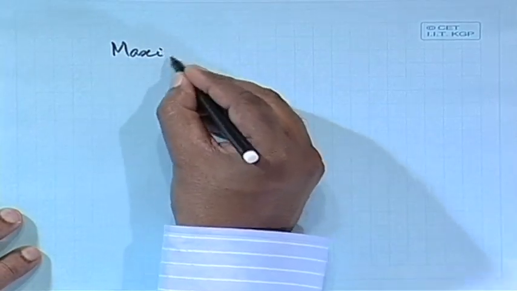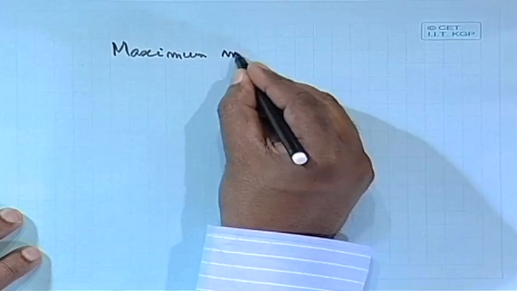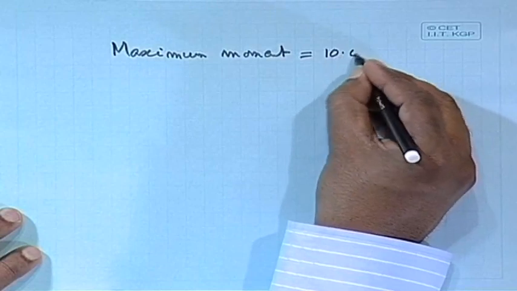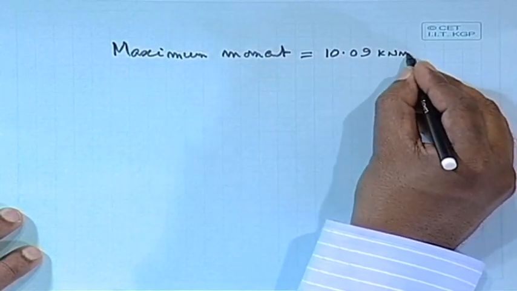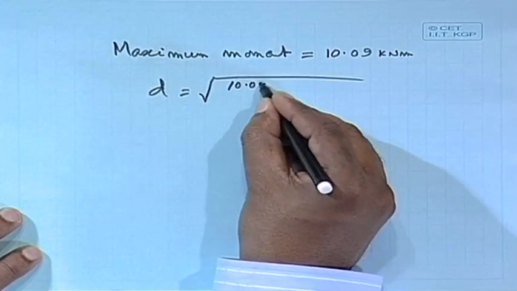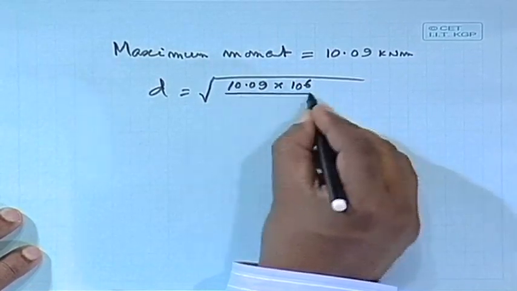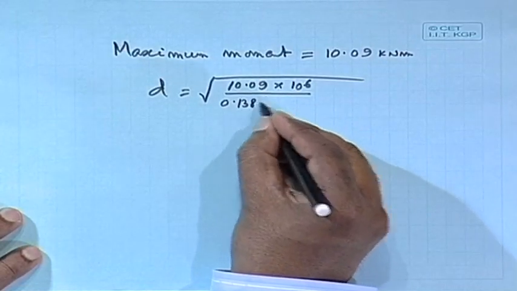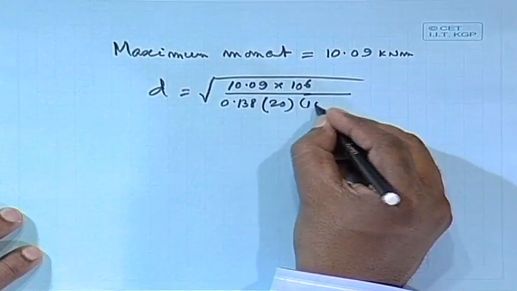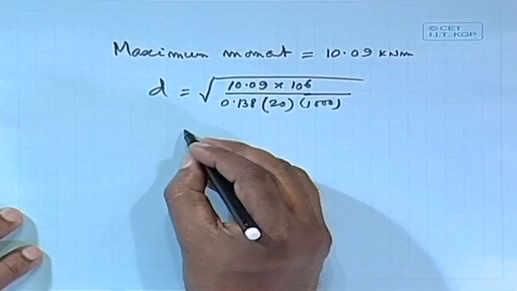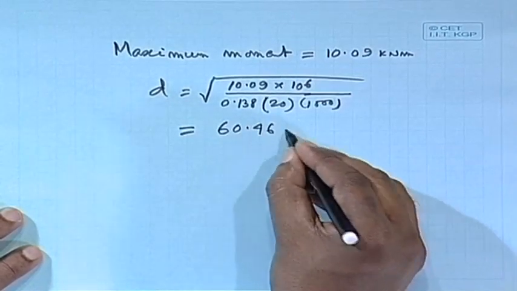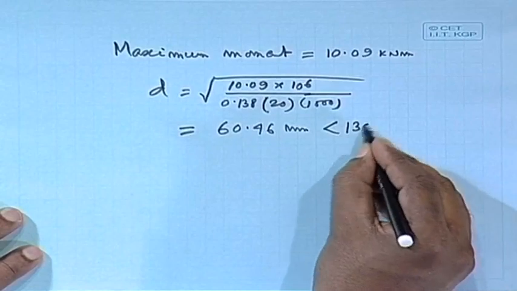So, maximum moment, d equal to square root of 10.09 into 10 to the power 6 by 0.138 times 20 times 1000. 1000 is the width, we are talking unit width. Which comes as 60.46 millimeter, less than 130 millimeter.